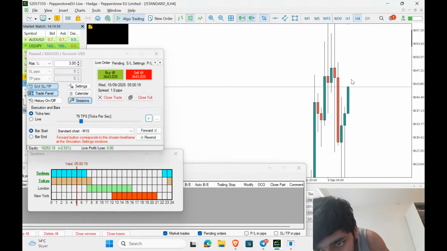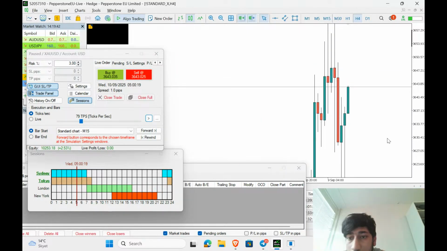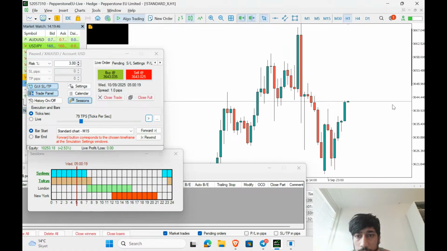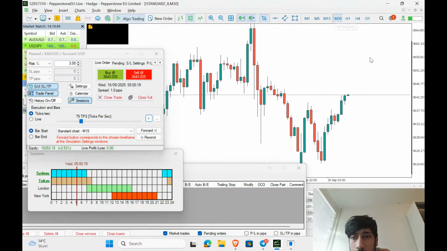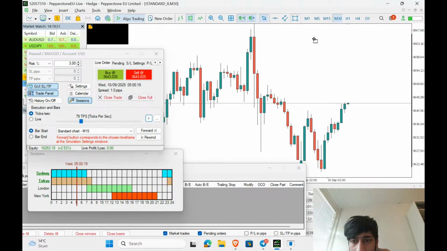H4 found bullish. We're moving up, right? H1, we found bullish. We're moving up, right? M30, we found bullish. We're moving up.